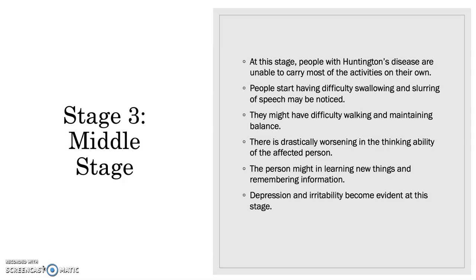They might experience difficulty in walking and maintaining balance. There is drastically worsening in the thinking ability of the affected person. The person might experience difficulty in learning new things and remembering information. Depression and irritability become very evident at this stage.